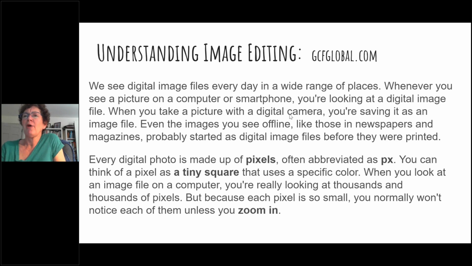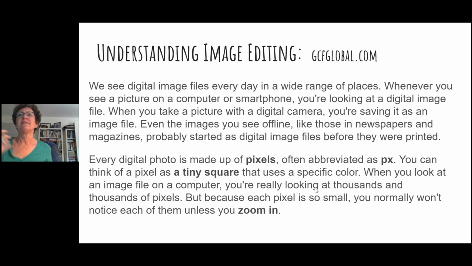So what is the author's purpose in this case? We start off by telling us what digital image files are, where you see them, how you create them, even if you don't know it. And then it explains to us what pixels are and how they're used in creating a digital image file.